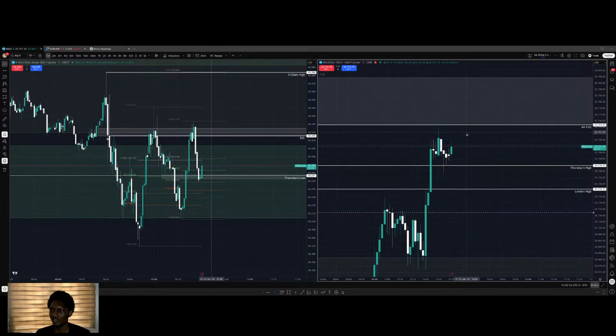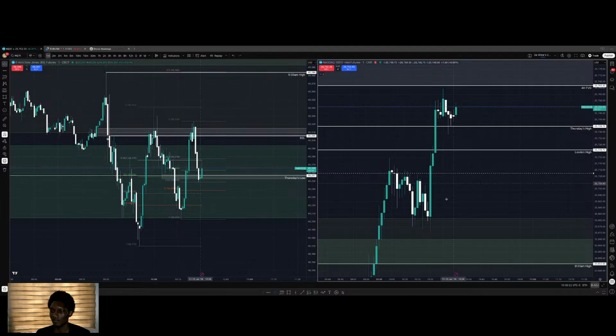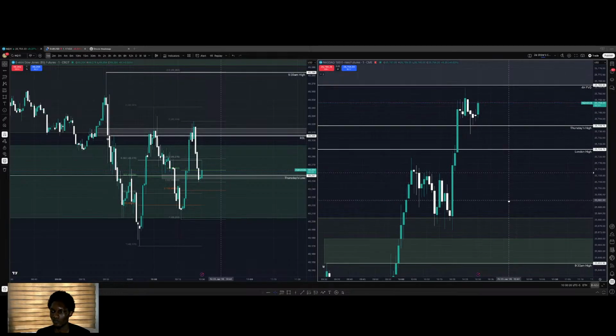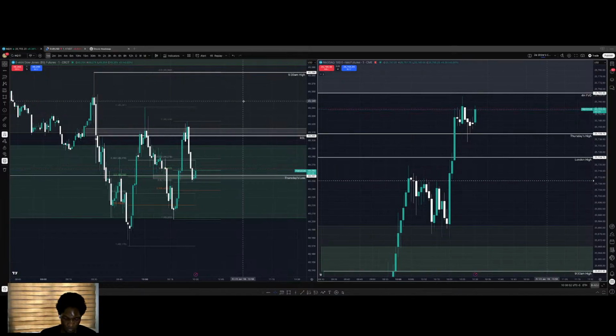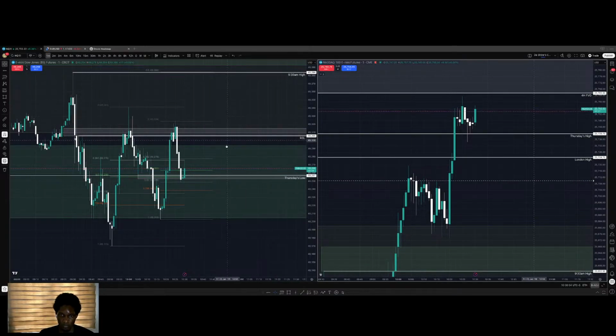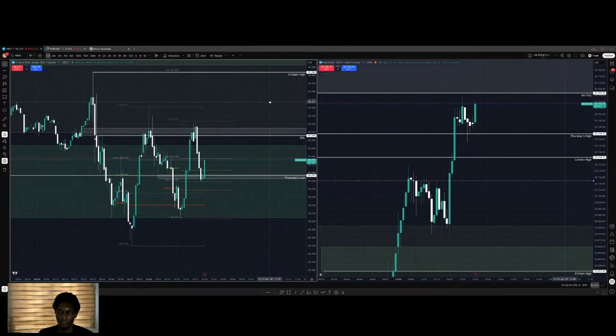So once we tag into here and I get an inversion, I think I'll take it. Because right now this needs to invert and probably even close somewhere here for me to take buys for this too. So let's see.